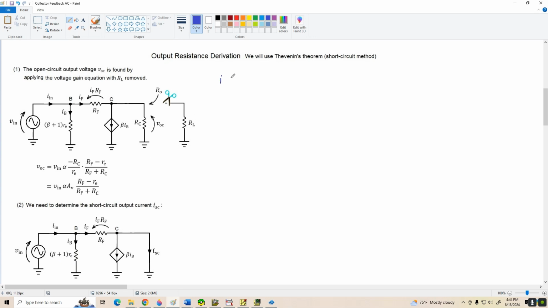That is, I sub B equals Vin divided by beta plus 1 times little re. And also, since we grounded our collector, the feedback current I sub F is simply Vin over RF. That is, I sub F equals Vin divided by RF.